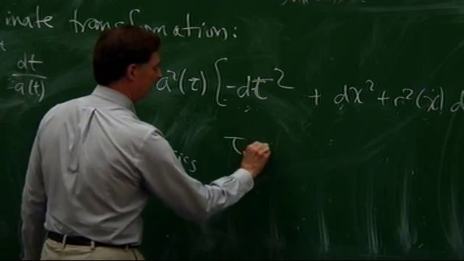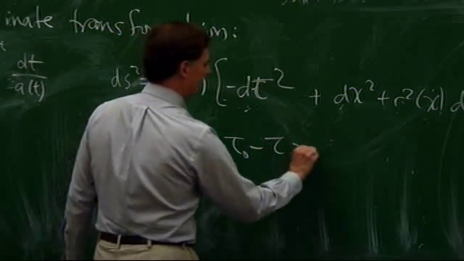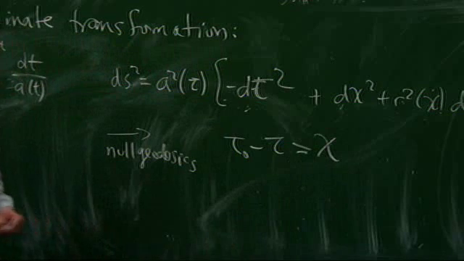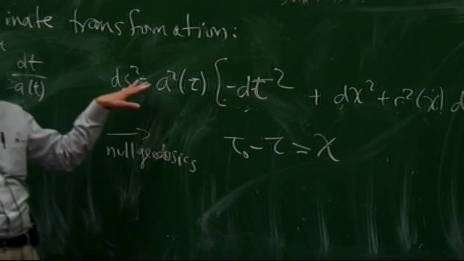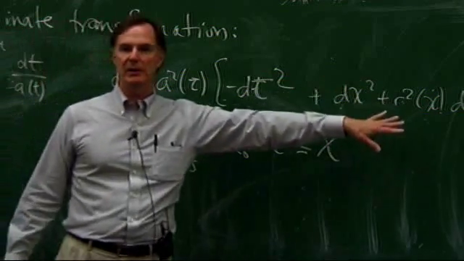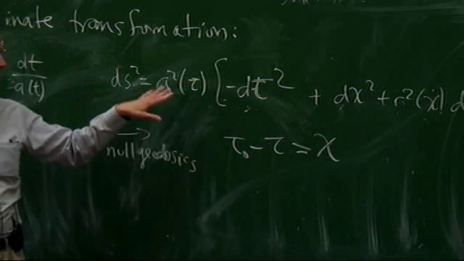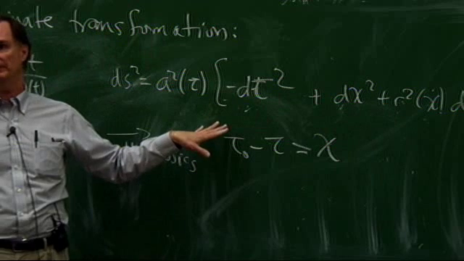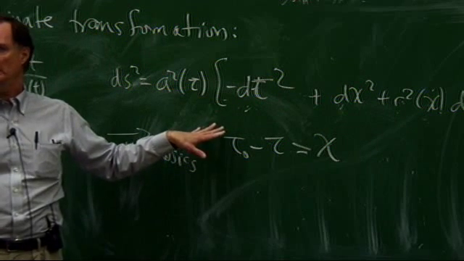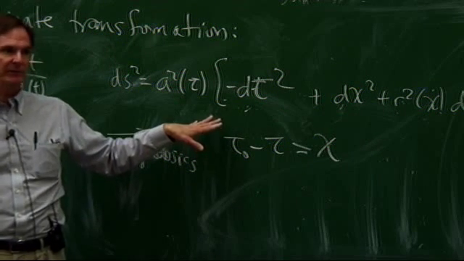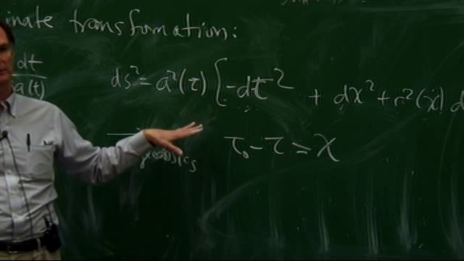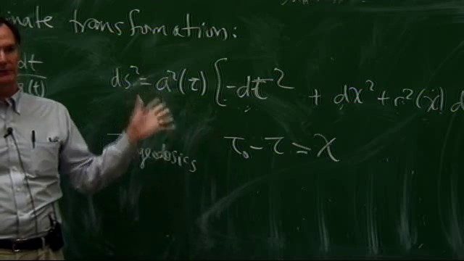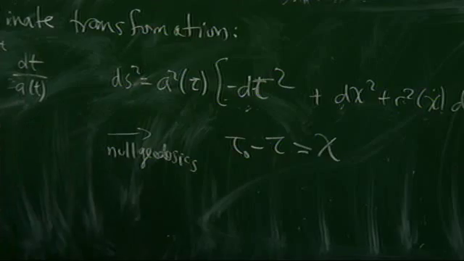Tau 0, tau today, minus tau is equal to chi. That's the beauty of this form of the metric. Leaving aside the angular part, it's just conformal to Minkowski spacetime. And therefore, the null geodesics that reach us, if we put ourselves at the origin of coordinates, are just the Minkowski geodesics.